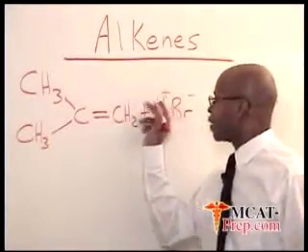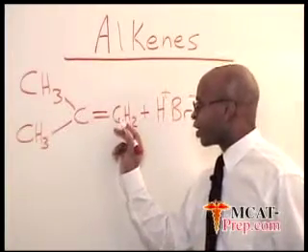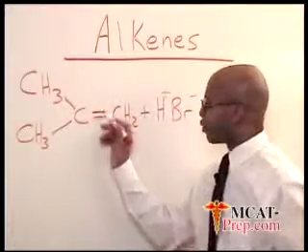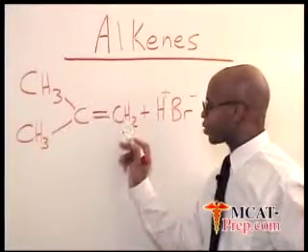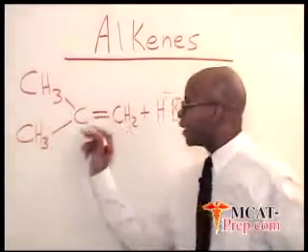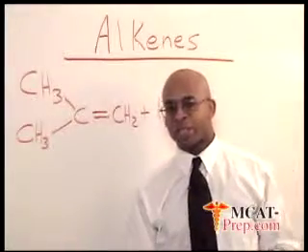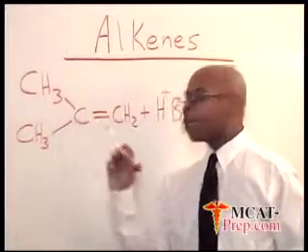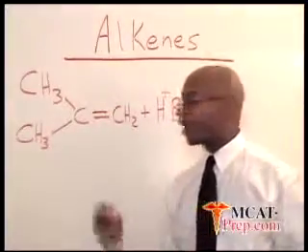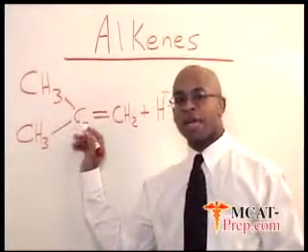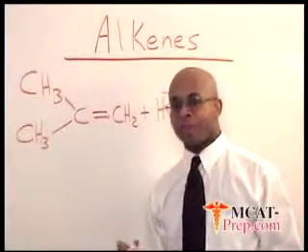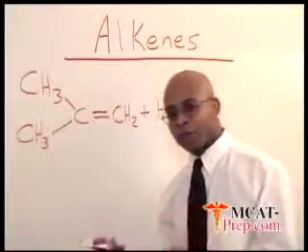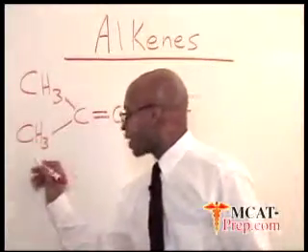However, if the hydrogen were to add to this carbon, withdrawing electrons in this direction, this carbon would become positively charged. And then we would have a tertiary carbocation, and obviously that would be stable. That is the most likely reaction.